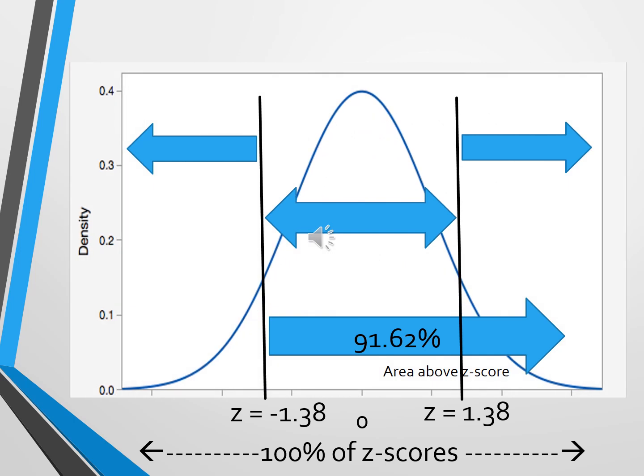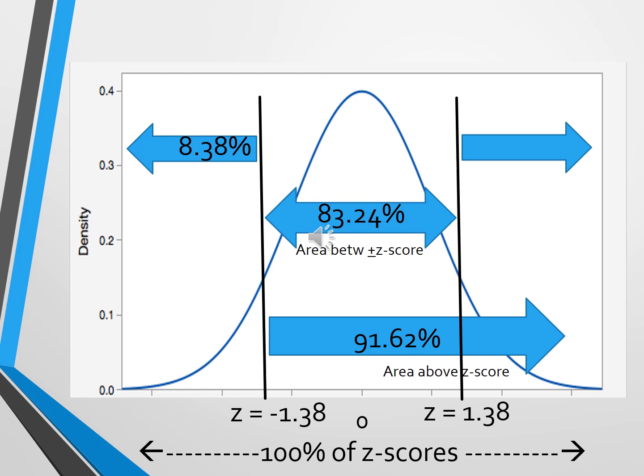From that information, we can compute the rest of the information. So we can compute the area below Z as 100 minus 91.62%. So the area below Z has 8.38% of the scores, and the area between plus and minus Z is 91.62 minus that 8.38%.